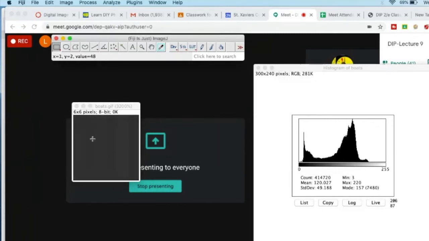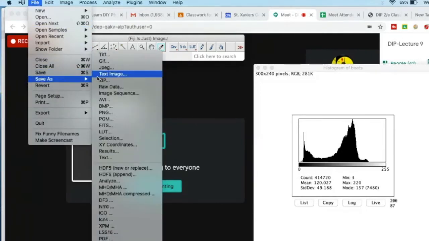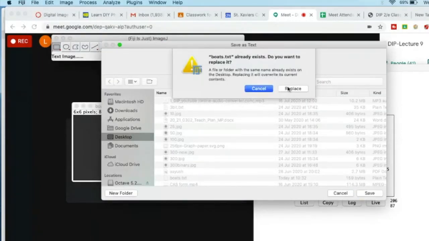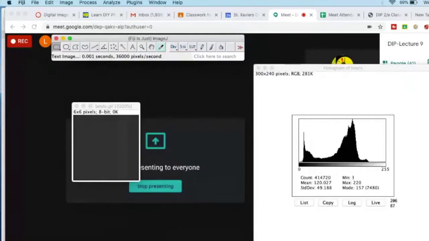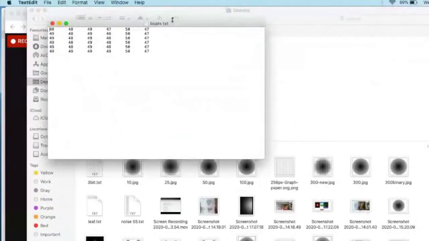Let's see which is giving us more values. Okay, so now I again save this image as a text image. I'll just replace this and open this. Now your values are less in number.